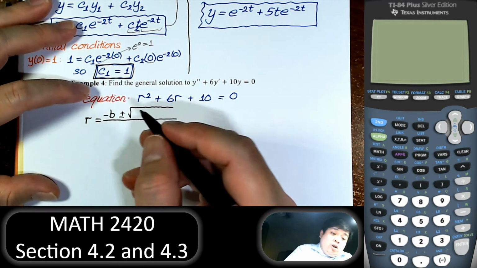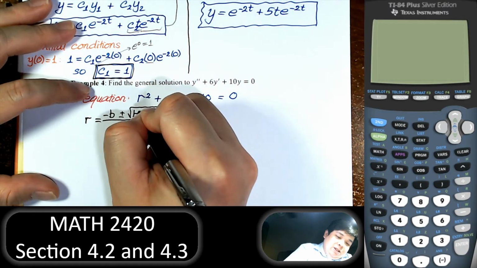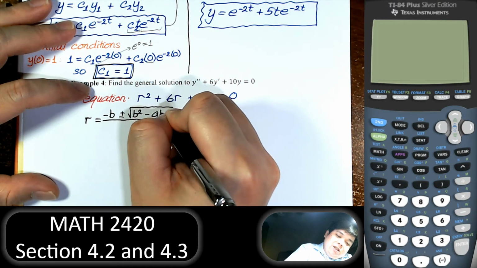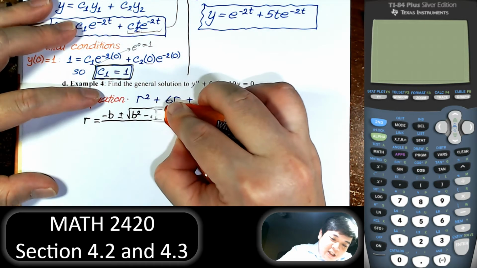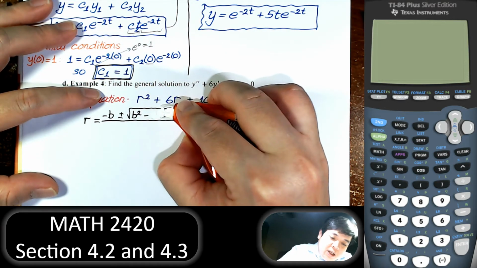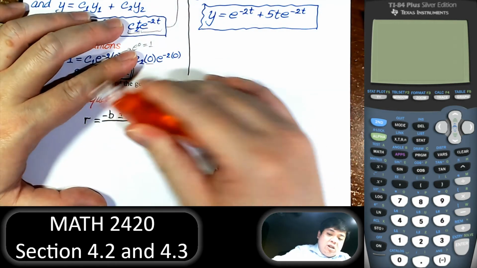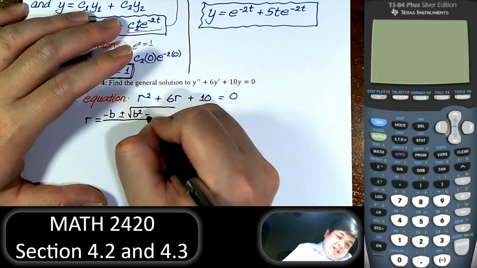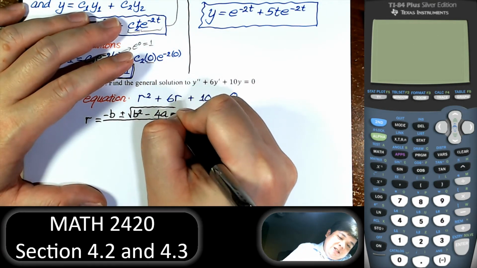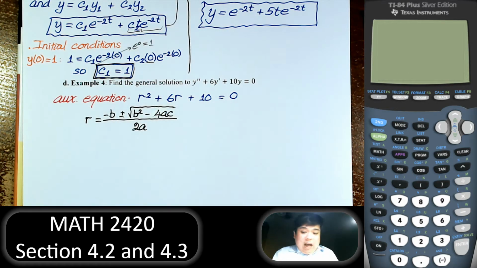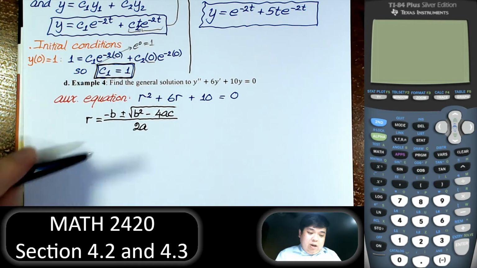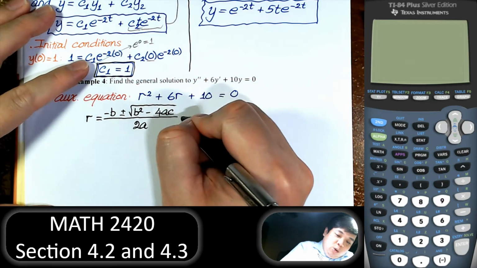But in this case, because we cannot factor, this is the only option. Of course, we can do completing the square as well, but I consider that will take more work. So that is the quadratic formula.